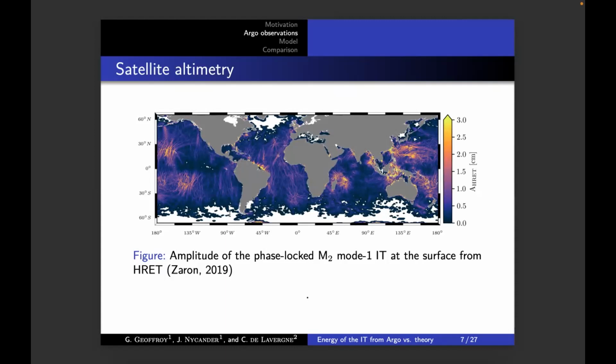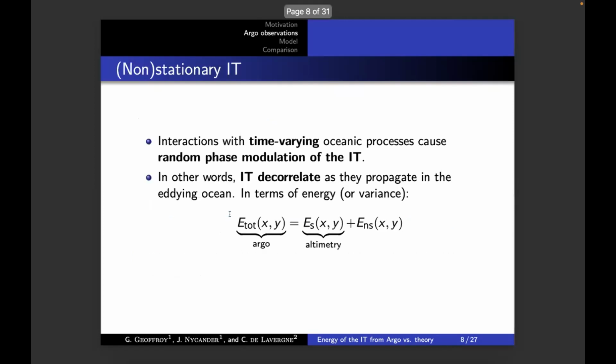But the issue with such data is that the decay with propagation distance of these beams is not only due to the dissipation that the tides undergo. While they propagate in the eddying ocean, the internal tides interact with time-varying flows, and that causes the phase of the wave to be shifted.